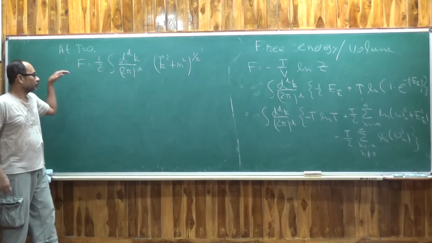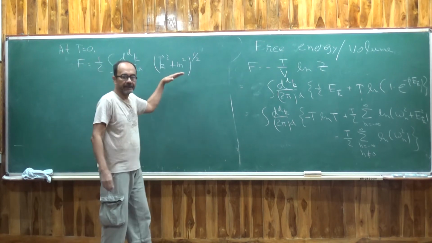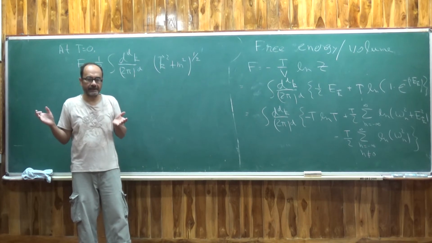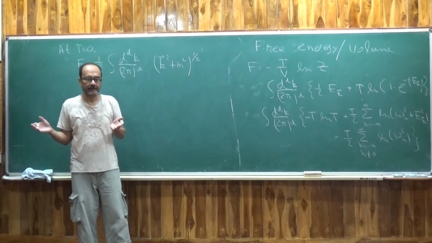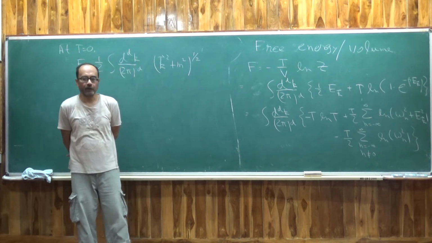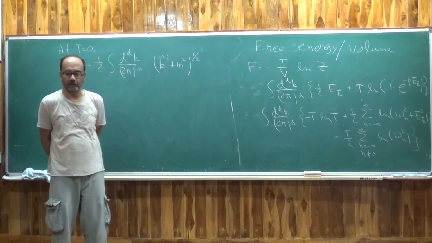But this shouldn't really bother us too much, because this is simply a reflection of the fact that the vacuum has non-zero energy, or non-zero energy density. If you have a collection of harmonic oscillators, we know the vacuum has non-zero energy density. Typically what we do in quantum field theory is to just set it equal to 0.